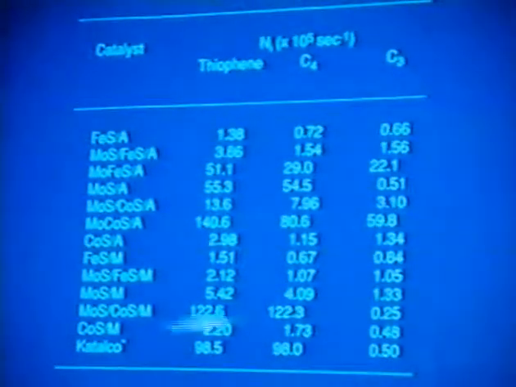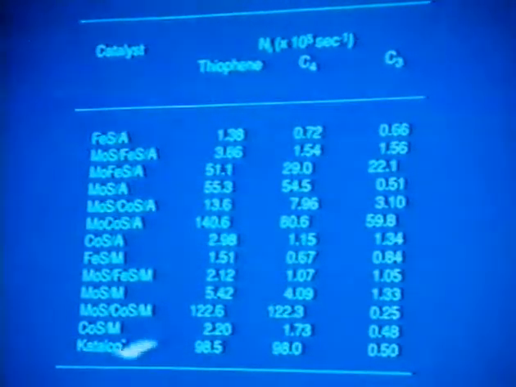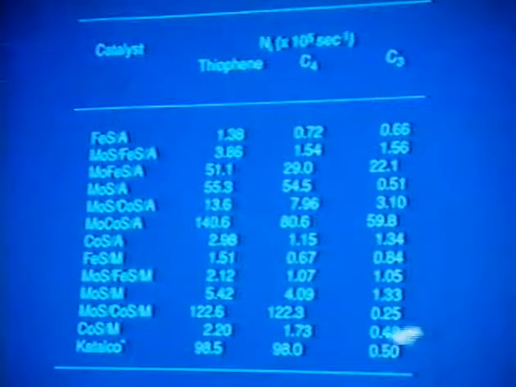However, when we compare this with the MgO series, let me mention that the alumina represents acidic supports, while the MgO is a representative of a solid base. When we compare the alumina results with the MgO result, we see very similar cracking activity. So we can't ascribe that activity for the cracking of thiophene just to the presence of acidic alumina sites.